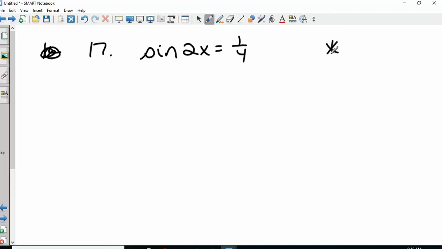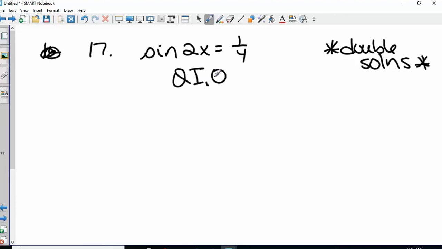Okay, so I already have my trig function by itself. When you see that 2x, what does that mean? Okay, quadrants, when is sine positive?